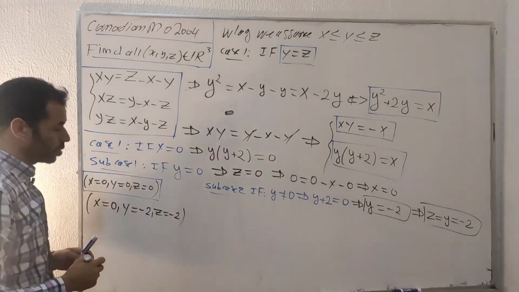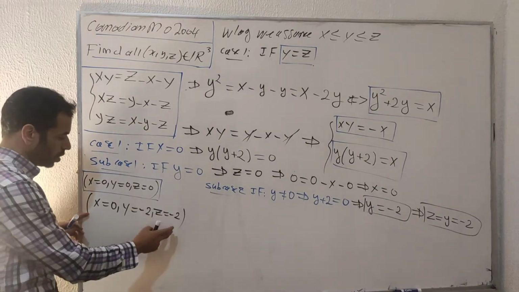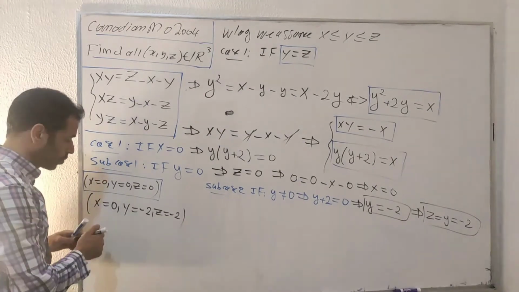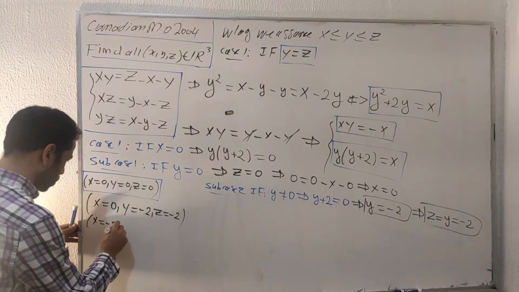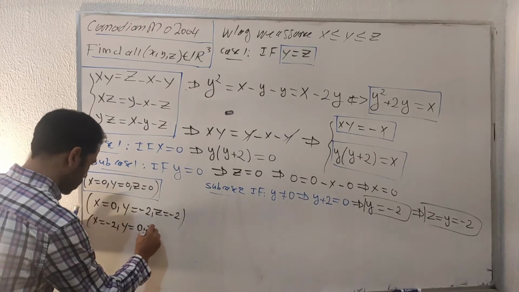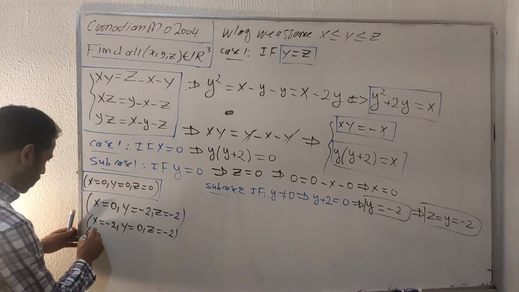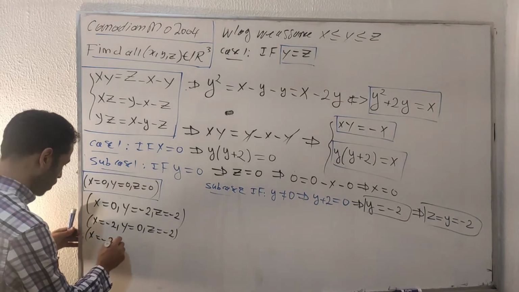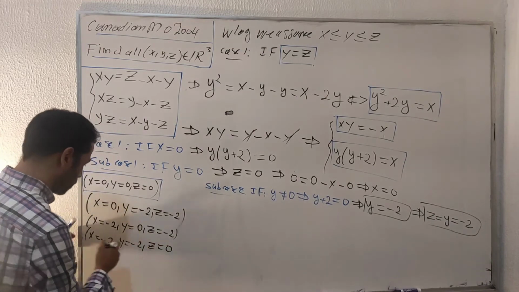But remember, we have a symmetry, so I'm going to take three copies of this one. I also get x equals minus 2, y equals 0, and z equals minus 2. Another solution: x equals minus 2, y equals minus 2, with z equals 0.